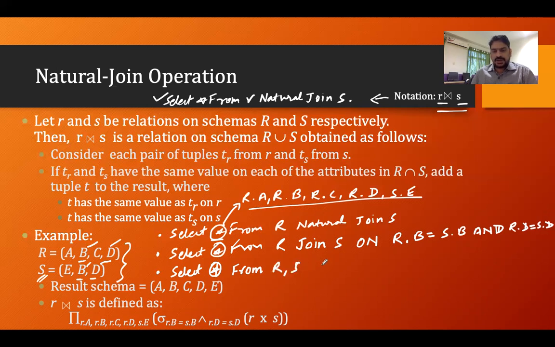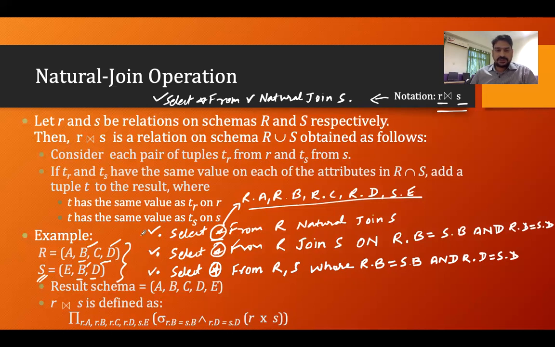R comma S where the same, R.B equal to S.B and R.D equal to S.D. Getting it? So this is the example of natural join, this is the example of inner join, and this is the example of cross join.